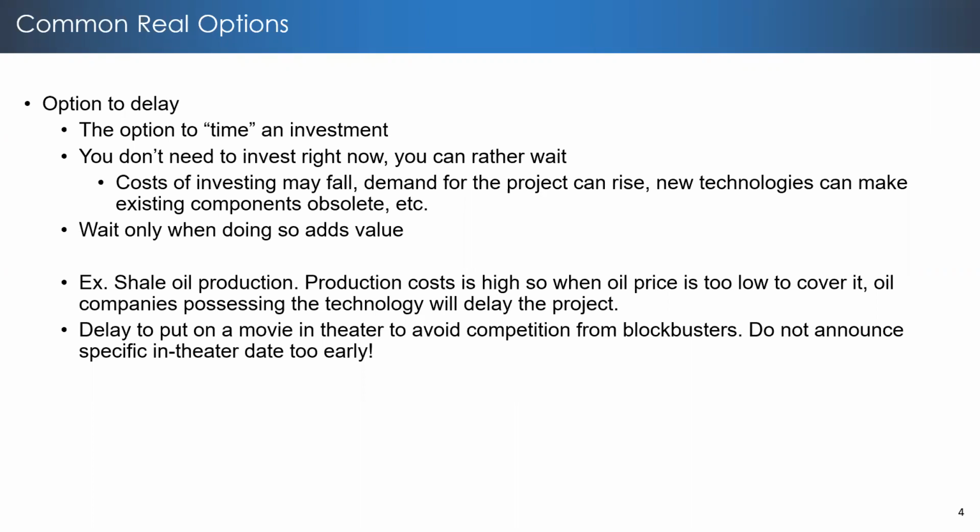A good project allows you to pause the shale oil production and engage in less expensive oil productions. So a technology like shale oil production has this value in the real option.